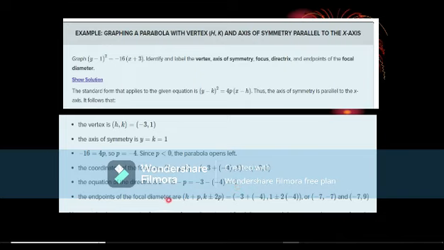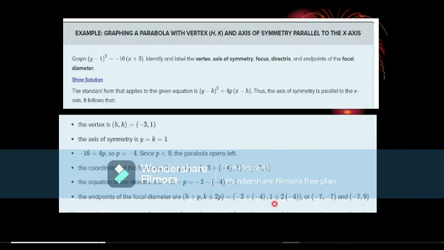Then the endpoints of the focal diameter are (h plus p, k plus and minus 2p), that is negative 3 plus negative 4, then 1 plus and minus 2 times negative 4. The answer will be negative 7, and negative 7 and 9. So where did you get negative 7?